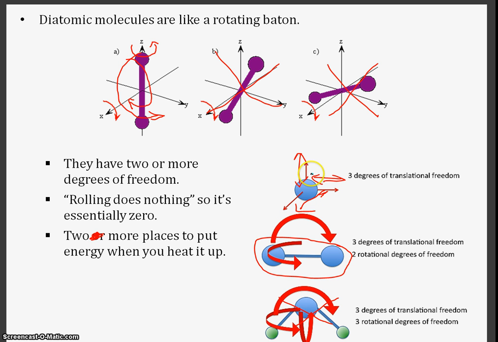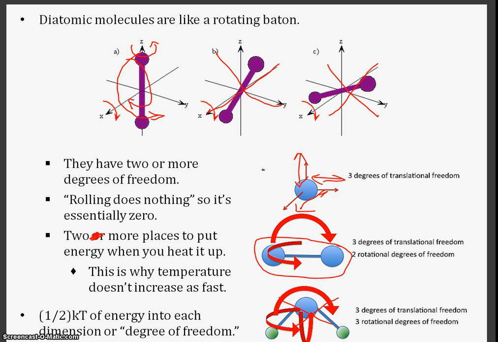For a diatomic gas like air, you put that in the can and it doesn't seem to heat up as fast, and that's because the energy doesn't just go into translational motion, it also goes into rotational motion. It turns out that 1/2 kT of energy goes into each dimension or degree of freedom for the diatomic molecule.